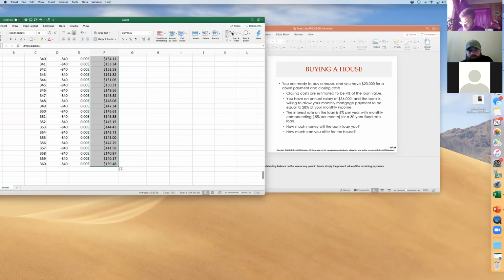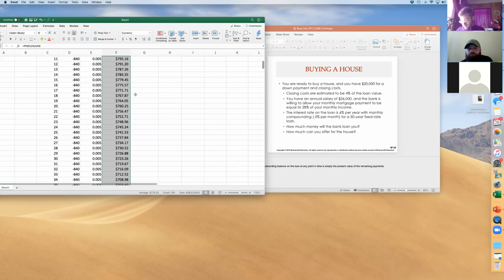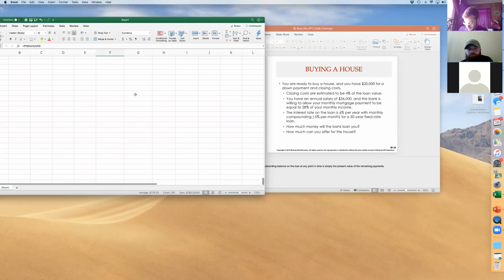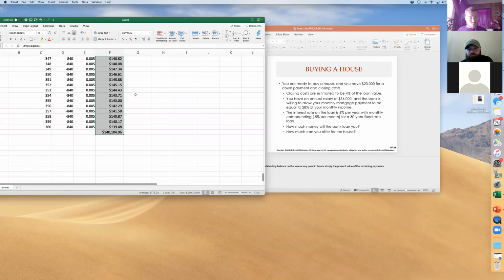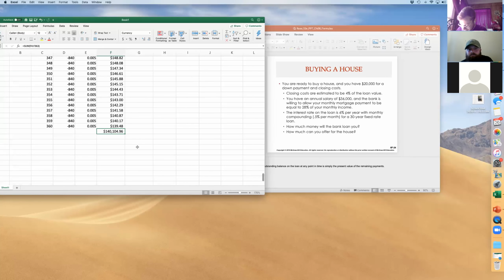And when I sum those up, that's going to be our loan value. And I just hit sum, and it was $140,104.96. That's how much the bank is willing to lend.